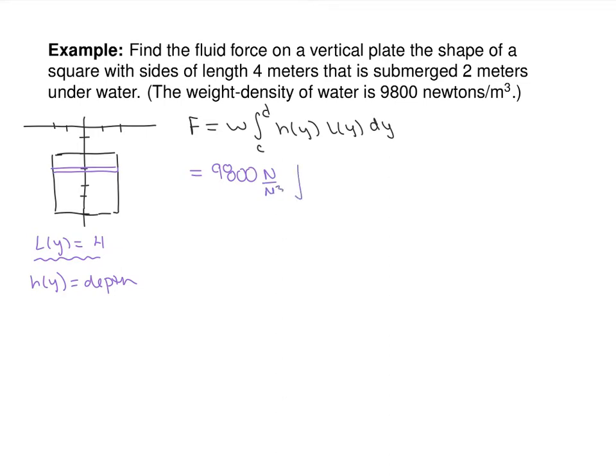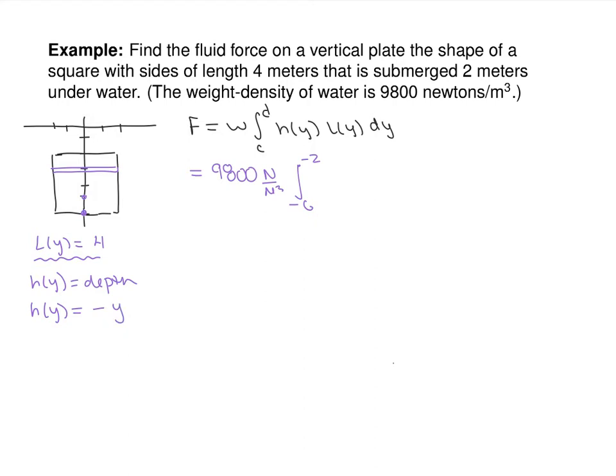Okay, now our integral will start at -6 and end at -2. Those are the y values that we have. So notice that that bottom point corresponds to a depth of 6, meaning how deep down. This point corresponds to a depth of 2. So to have an equation that describes the depth, you need to make it -y.